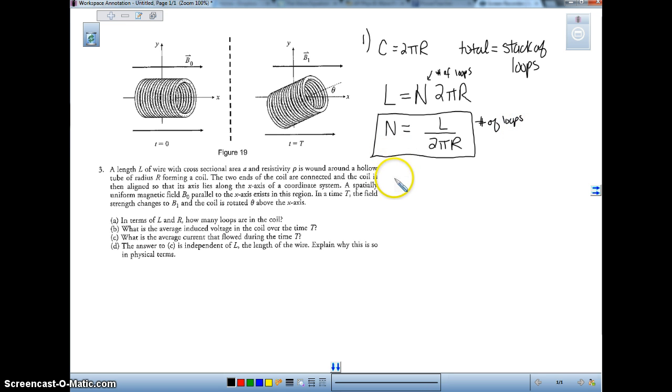Okay, the second part says, what is the induced voltage over a period of time t? So induced voltage is going to be the number of loops times the change in flux over the change in time. So what we're going to do now is set up our relationship.